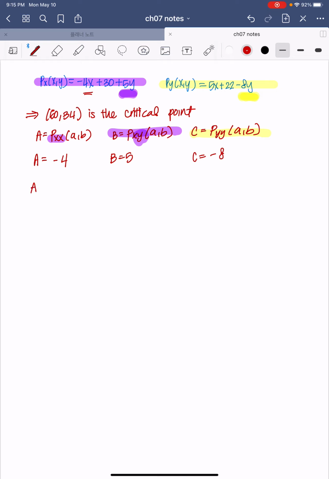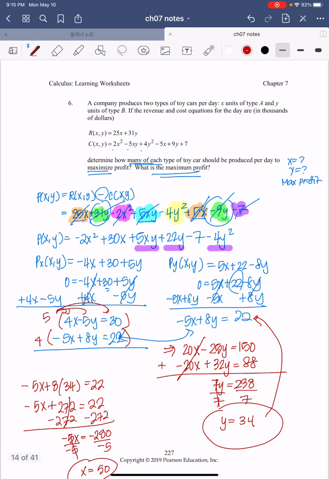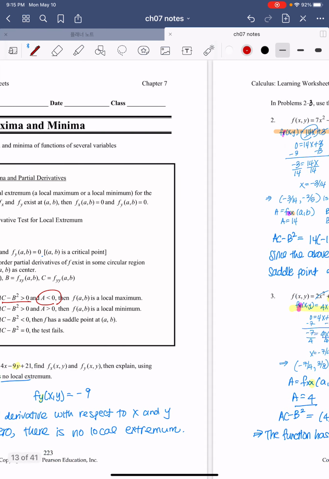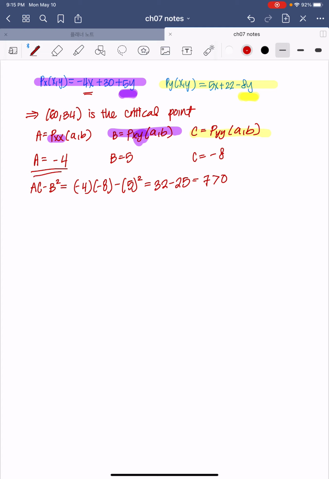So let's check ac minus b squared, which will be negative 4 times negative 8 minus 5 squared. So it will be 32 minus 25. 32 take away 25 will be positive 7. So that's good. We got the first case. We got positive. Is a negative? Yes, a is negative.